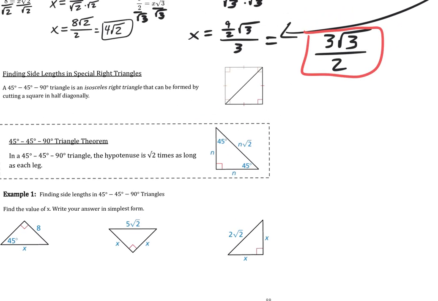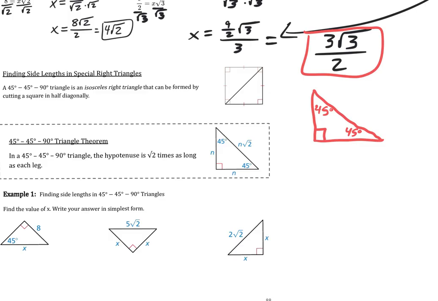Okay, if I were to give you a right triangle, and we call this a 45, 45, 90 triangle. So it's a special triangle, okay? Because in order for all of this to work, these are the angle measures that I have to have.